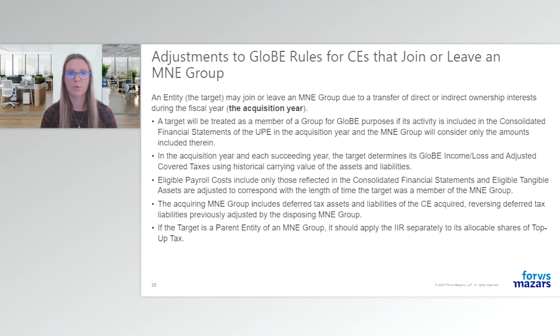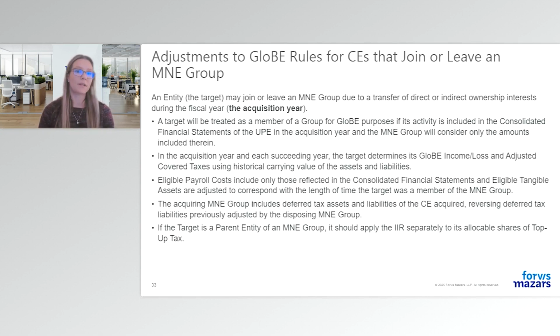So eligible payroll costs and eligible tangible assets, hopefully these are buzzwords you recall as inputs for our substance-based income exclusion that we calculate as part of our routine profits test, which is one of the safe harbor tests. And these eligible payroll costs and tangible assets, if we don't have this adjustment, could be overstated with respect to the disposing entity or the acquiring entity.